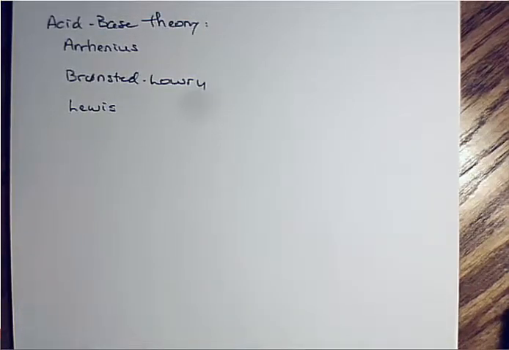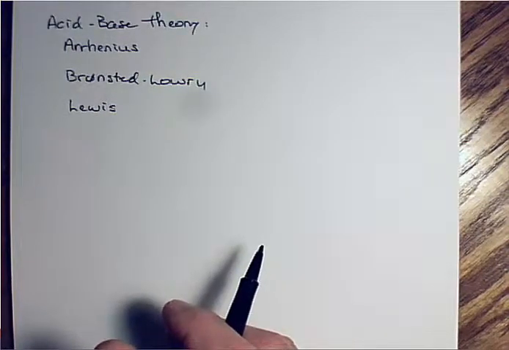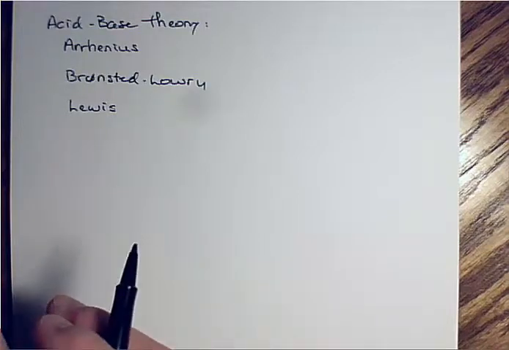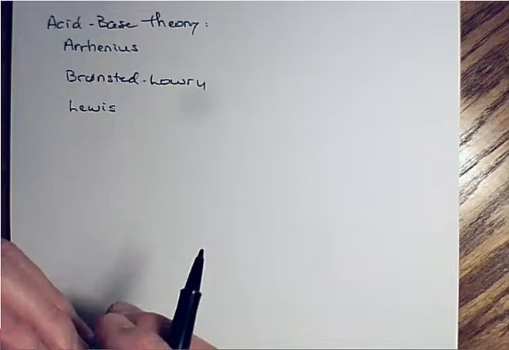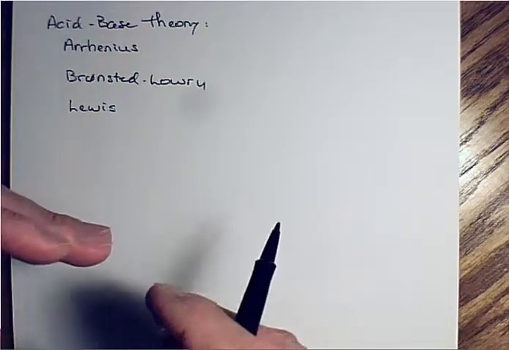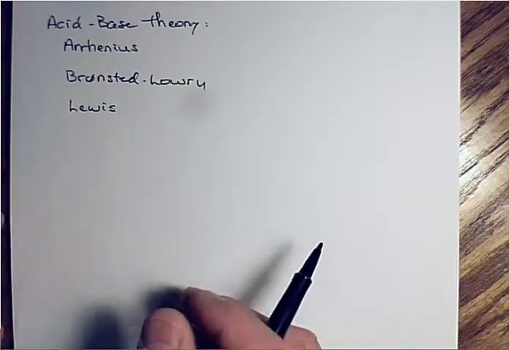And in the Lewis theory, a base is a chemical species that has a pair of electrons that it shares in a covalent bond. We call it donating a pair. It doesn't mean it's giving them away when we say donating. We mean that it's donating a pair of electrons to the bond. It doesn't give them up. It just shares that pair of electrons in a covalent bond.